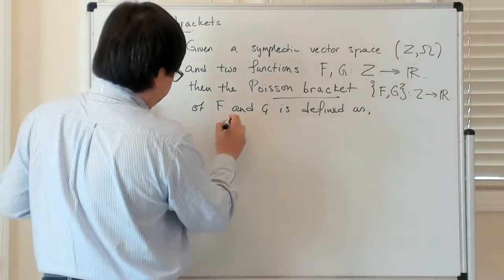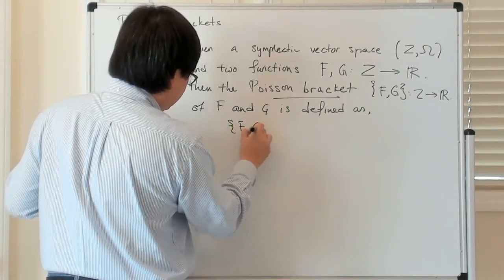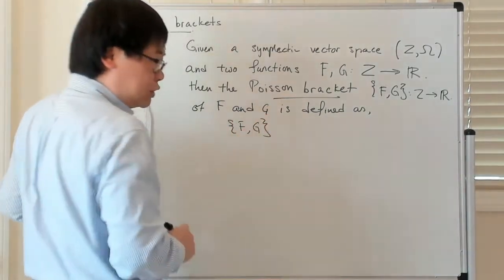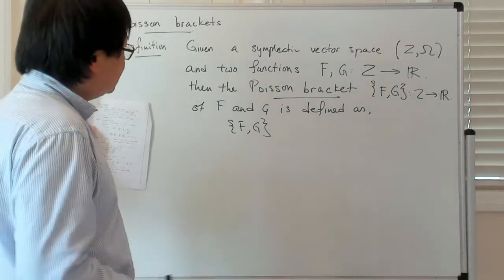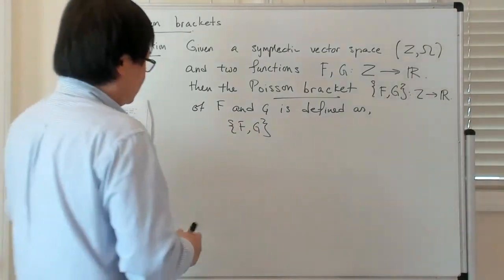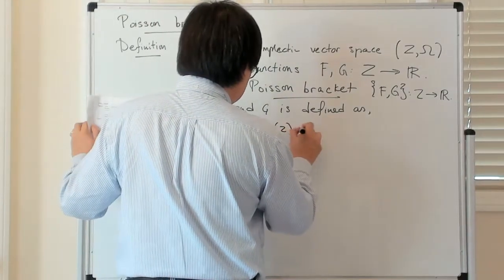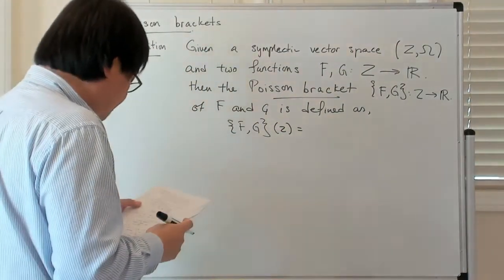You take its Poisson bracket, you get again another scalar valued function. You can evaluate this at some point z in this vector space, big Z. And this is defined to be the following.